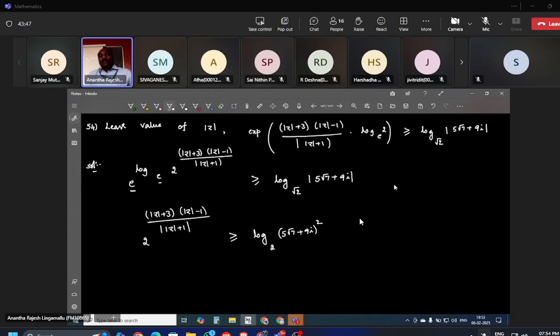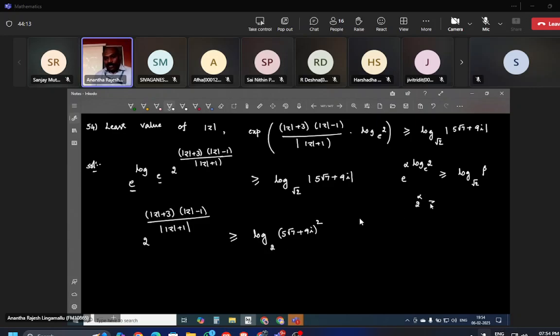Let me write e to the power some alpha log 2 greater than or equal to log some beta with root 2. So what is e to the power alpha log 2? 2 power alpha. So this one is 2 to the power alpha, no doubt.